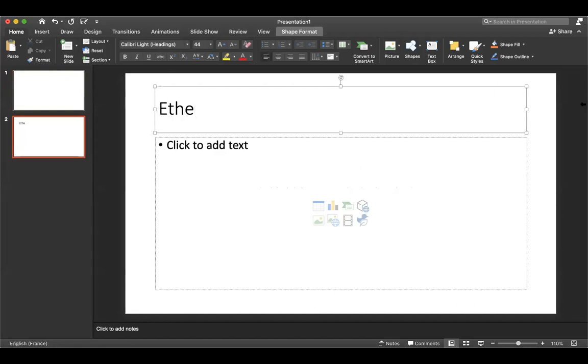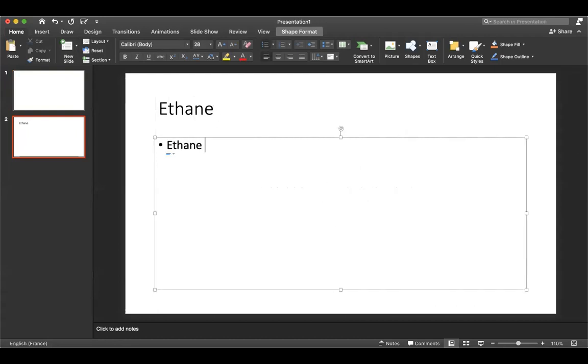So we're saying it's ethene. Maybe we start from here. Say it's ethane. So it's alkyl group. Alkyl group will be called what?